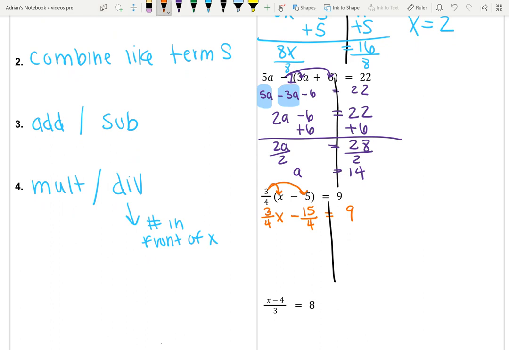So I'm going to add over the 15 over 4. And again, use your calculator for this. So I have left 3/4 x here equals, and when you add these together, you should get 51 over 4.